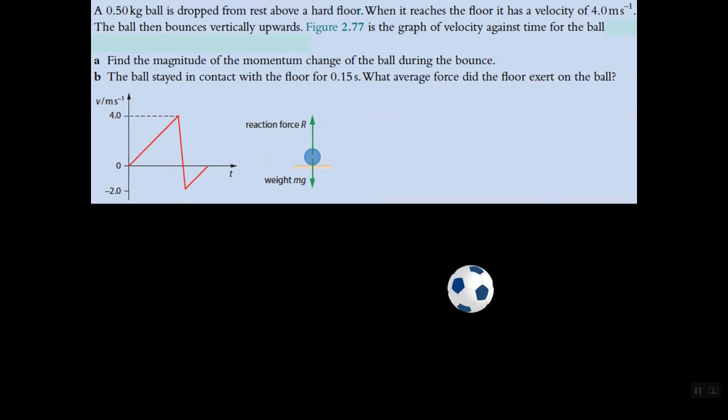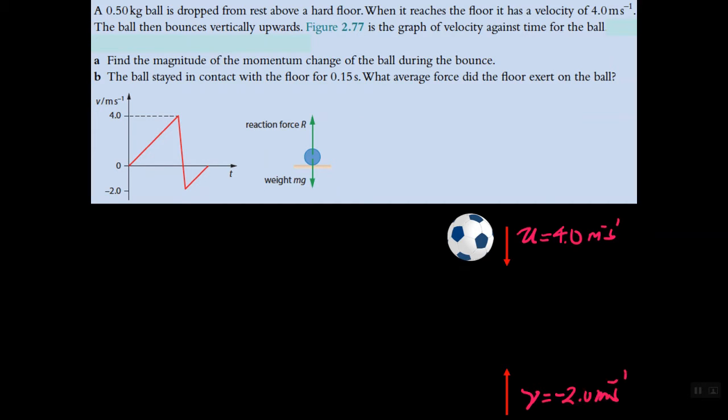We choose downward as the positive direction, so the initial velocity is 4 meters per second, and after the bounce, it reverses direction, that is minus 2 meters per second. So the change in momentum is final momentum minus initial momentum, which is mv minus mu.